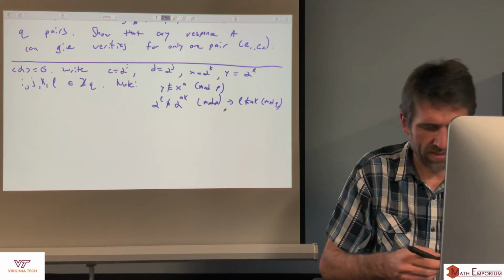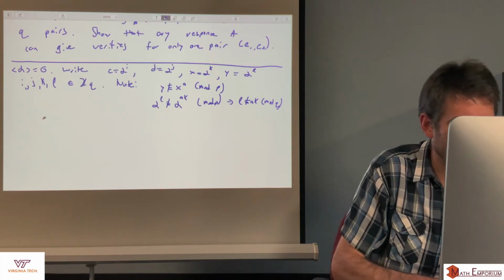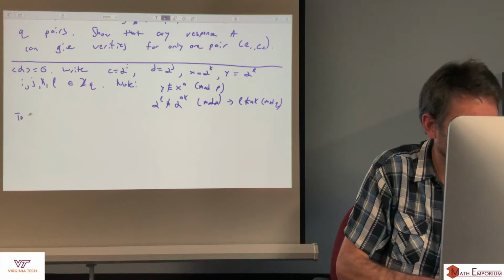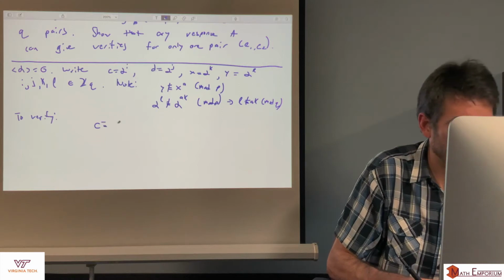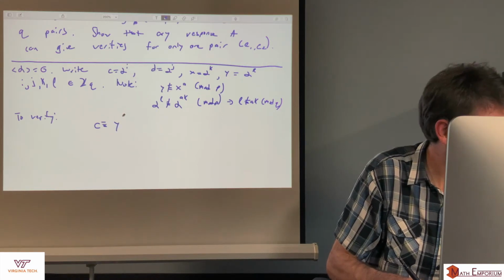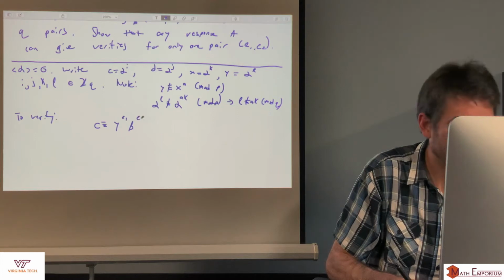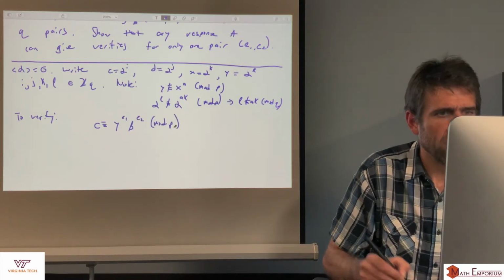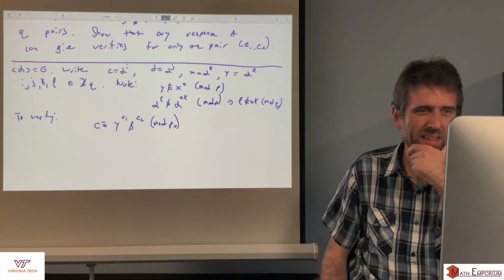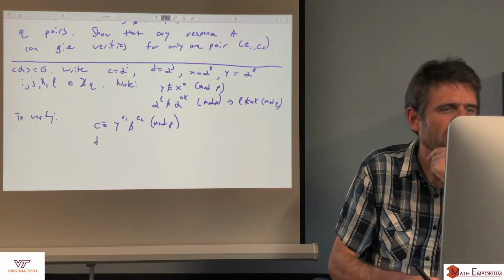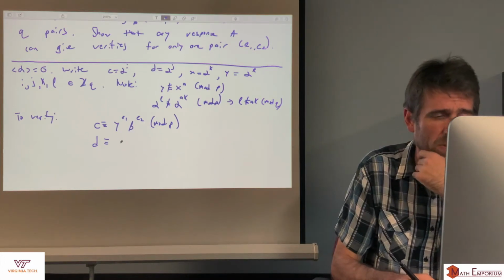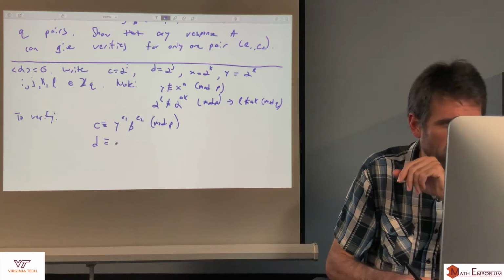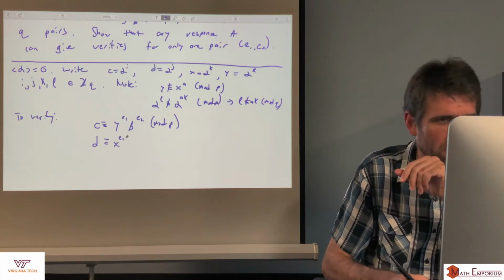All right, so now consider these congruences. This is what we should have to verify. C was produced by Bob by doing y to the e1 beta to the e2 mod p. And then if the response actually verifies, what will we need? d is congruent to x to the e1 alpha to the e2 mod p.